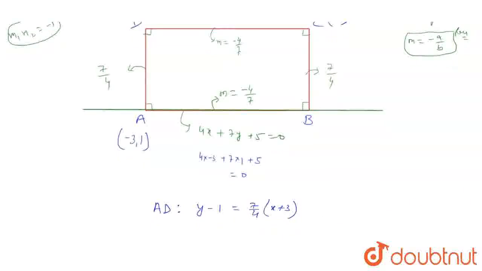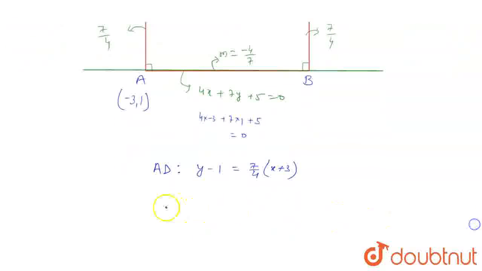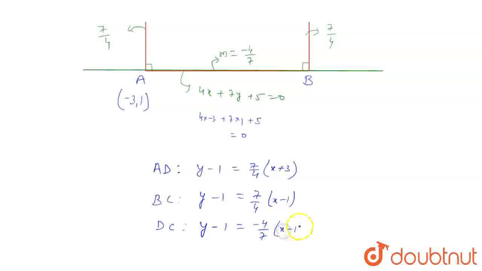Okay, and BC will be y minus y1 is equal to 7 by 4 times x minus x1, and DC will be y minus y1 is equal to minus 4 by 7 times x minus x1, and we got the required 3 equations. Okay, thank you.